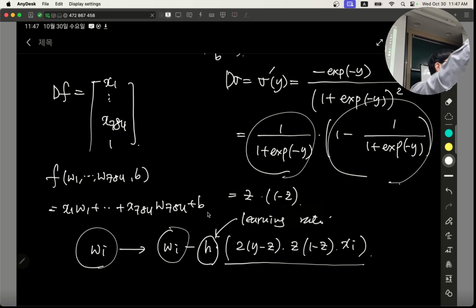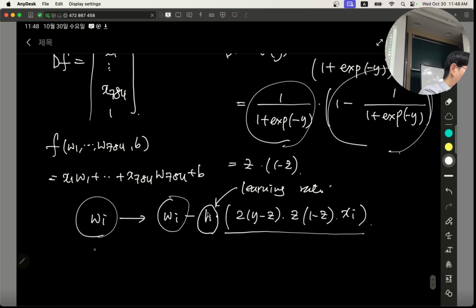If you take the h too small, tiny, then you're changing your W very little, so you need lots of training, lots of iterations in order to get an actual difference of W. But if your learning rate is too big, as I showed you before, then you end up being in a place where you don't want to be, or ping-pong somewhere far away from the minimum values. So you must get the learning rate appropriately small, not too small, not too big.